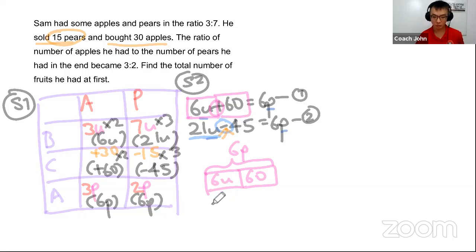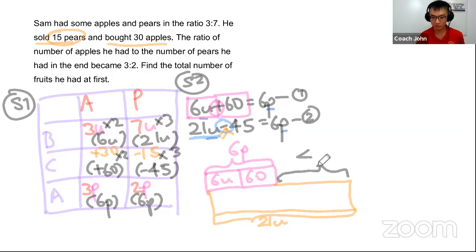So 21u is here, such that you must bring back 45, not drawn to scale, to reach 6p. And let me insert back the hearts. The hearts look really nice, and the hearts go to here as well.